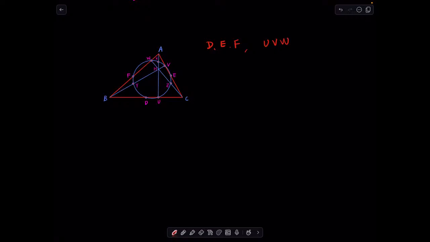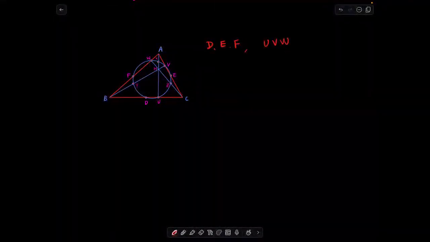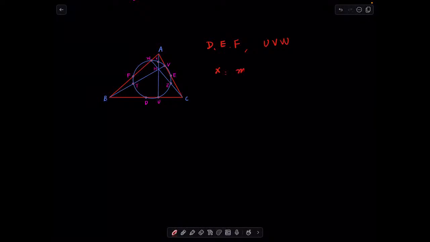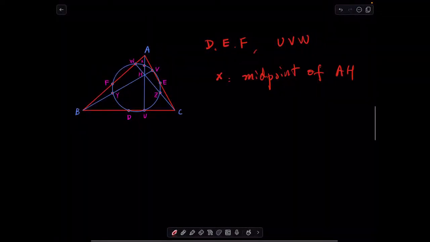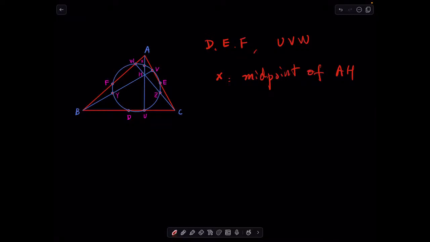Let's say X here is a midpoint of A and H. This is very laggy. What is H? H is the orthocenter, right? So in this, let me zoom out. So this is the X here, right?